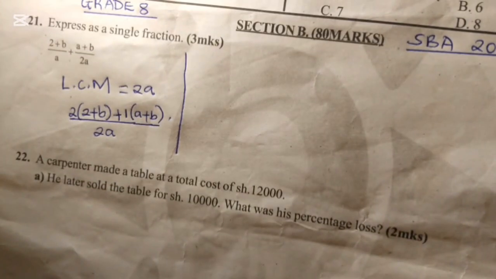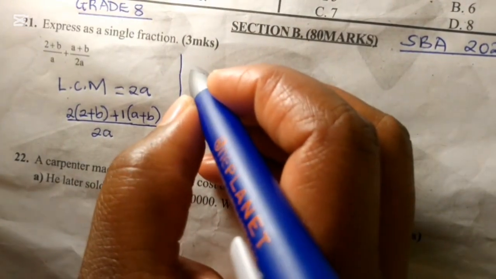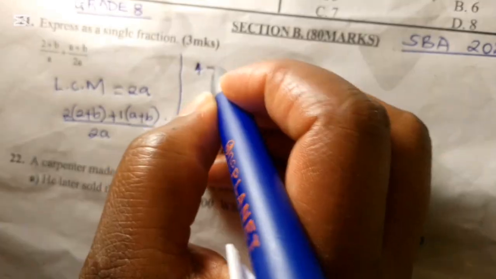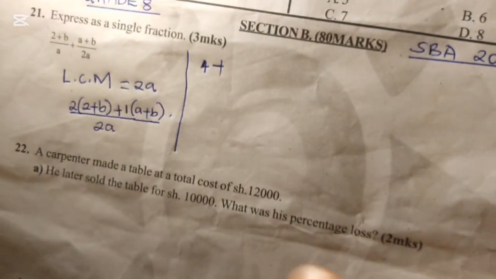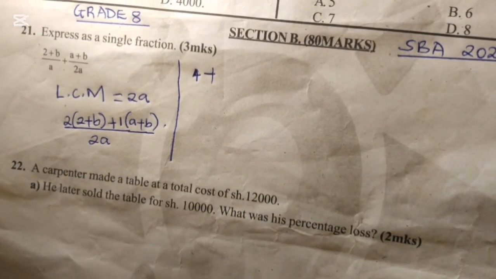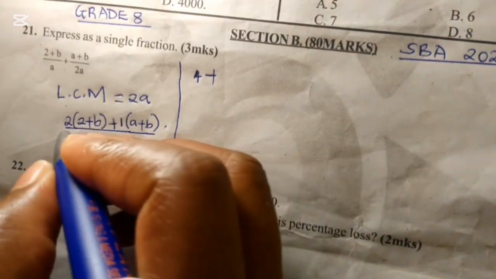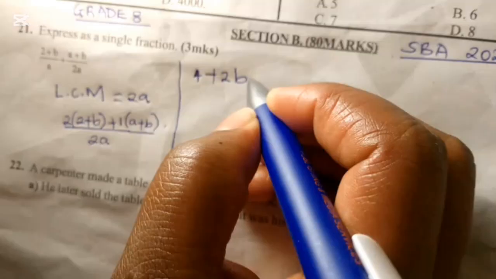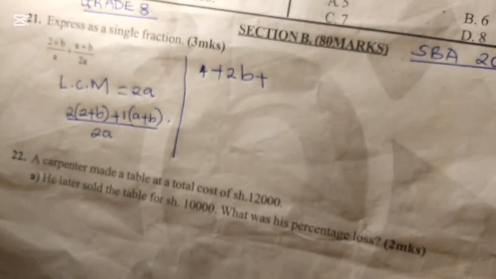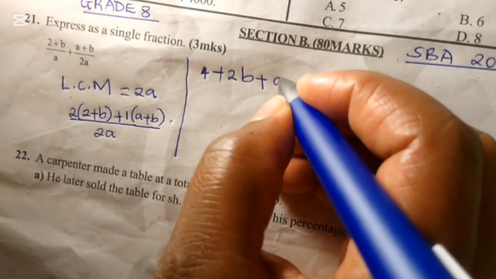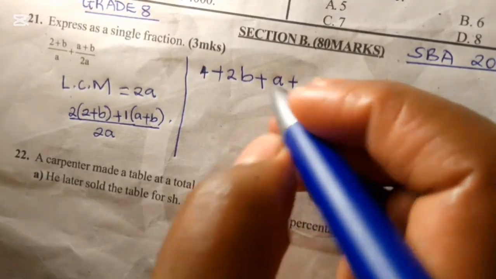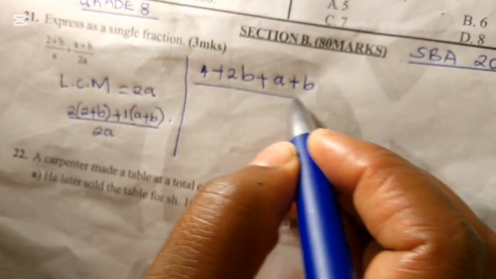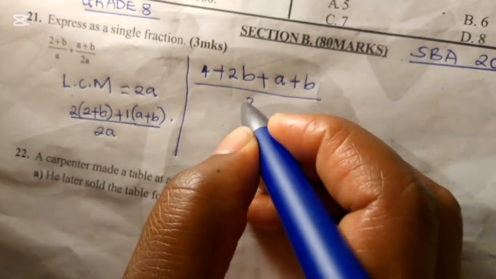We shall have 2 times 2, which is 4, plus 2 times b, which is 2b, then plus 1 times a, which is a, plus 1 times b, which is b, then this is all over 2a.